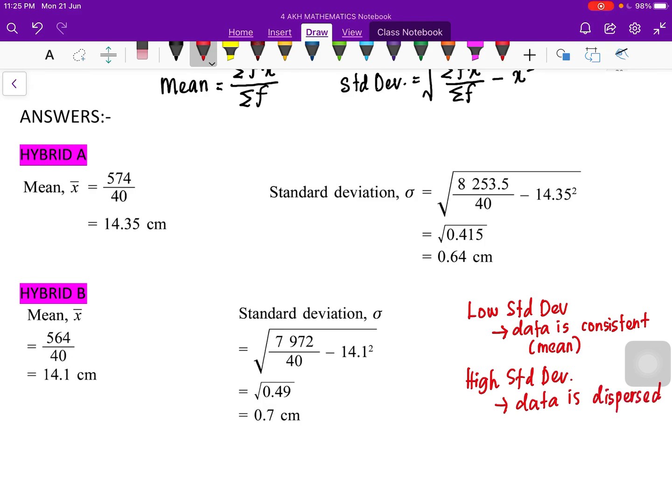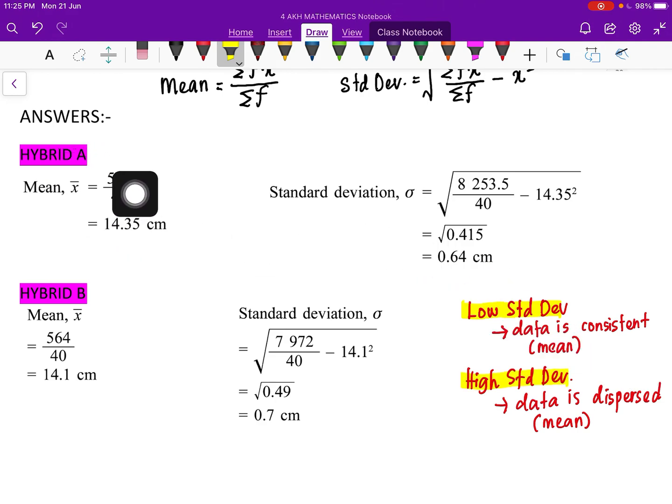Okay, dia maksudnya dia tidak konsisten, so dia dispersed far from the mean. Okay, dia lebih jauh sikit daripada mean lah, maksudnya dia tidak konsisten. Okay, low, consistent, high, dispersed.